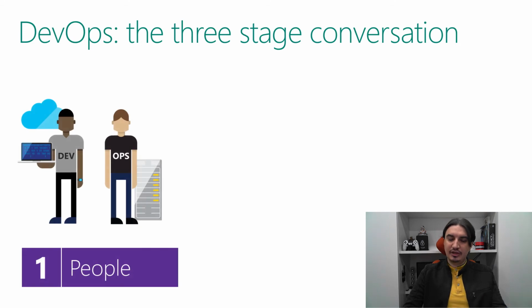The first stage that you need to handle is the people stage. You need to create that common ground. You need to explain to all your team members why this is important, how they can contribute and how they can benefit from that afterwards.